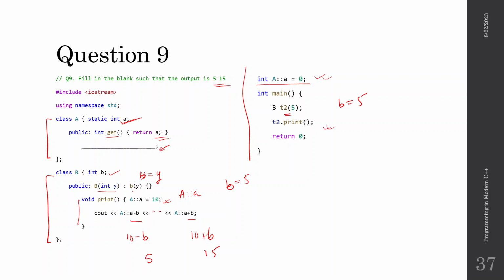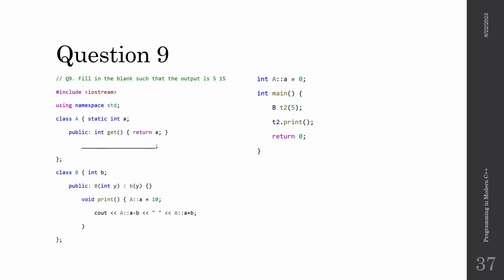Now the question is that since small a is a private data member of the capital A class, how do we access it from class B? For that we have to again use the friend keyword. So here we can write friend class B. That way we can access A's data members from B.